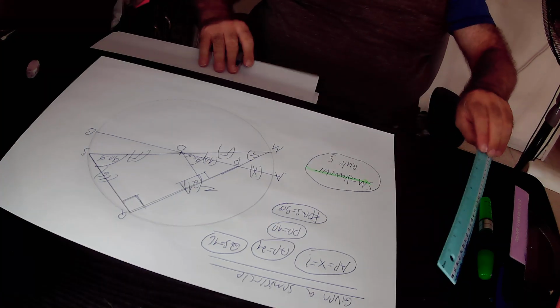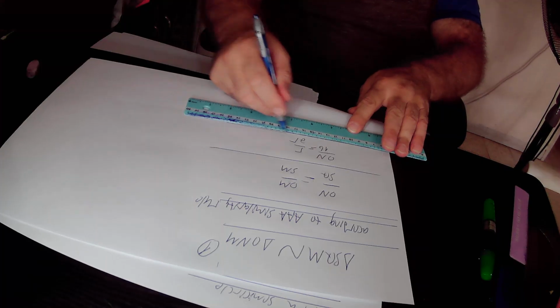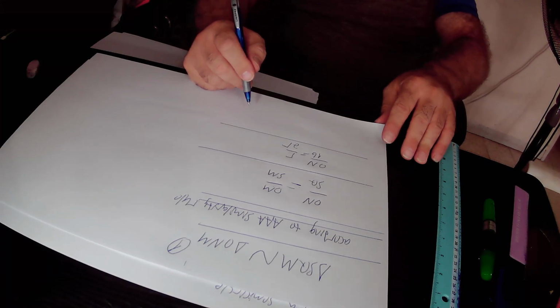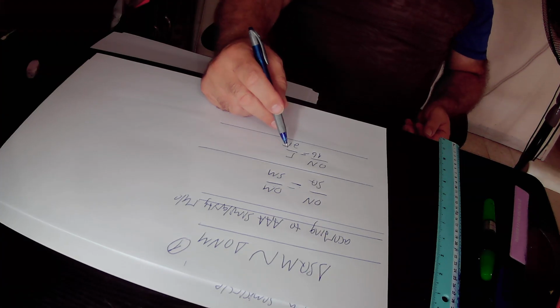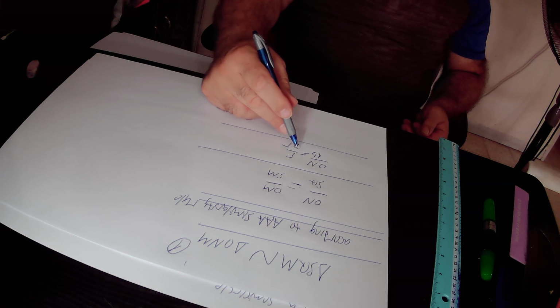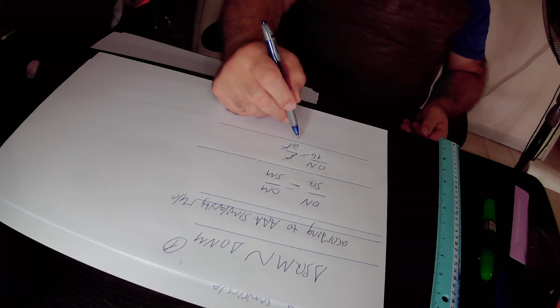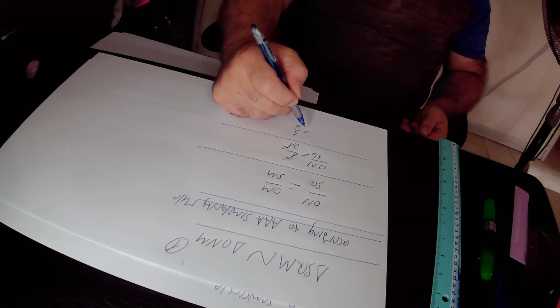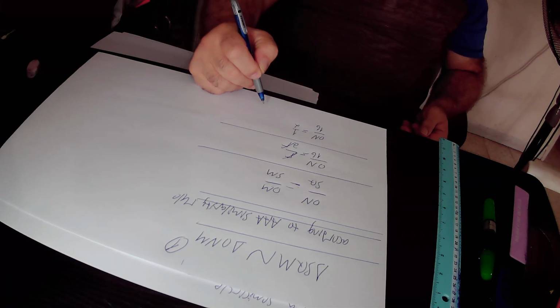So in total, we found out that ON over 16 equals R over 2R. Here R is the numerator and R is the denominator, so R will get cancelled. We are left on this side of the equation with only 1/2. So ON over 16 equals 1/2.